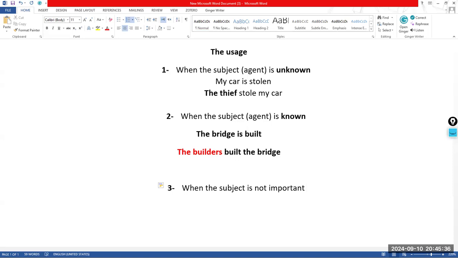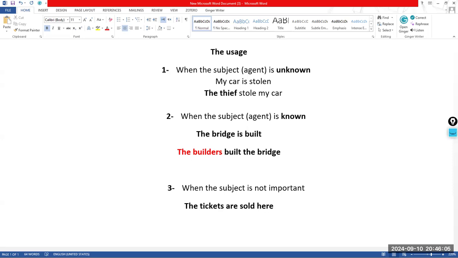Let's imagine that we want to watch a movie, all of us. And when we reach the cinema, we want to buy the tickets. Suddenly, guys, we see a sign saying the tickets are sold here.